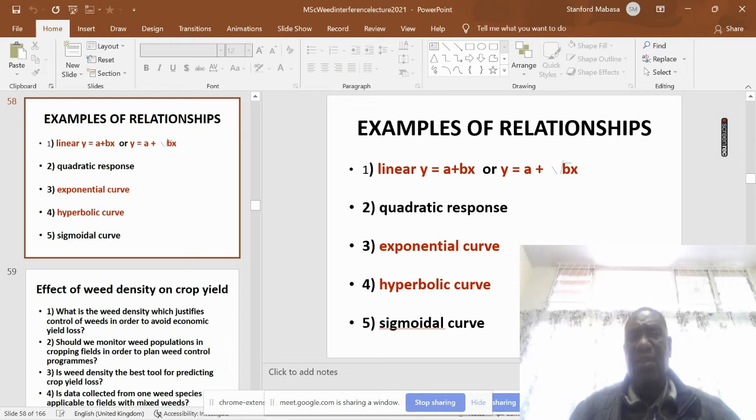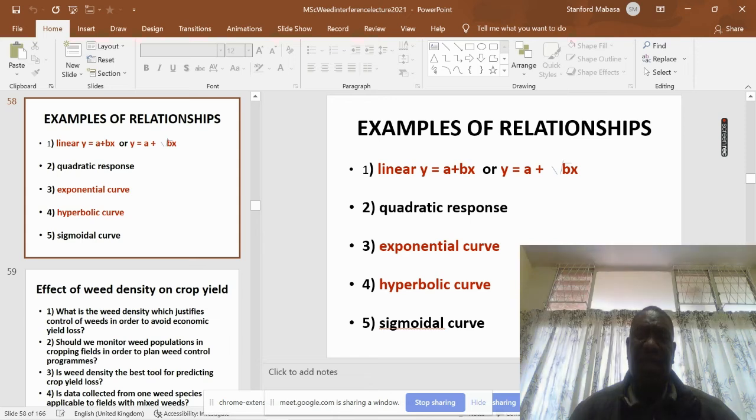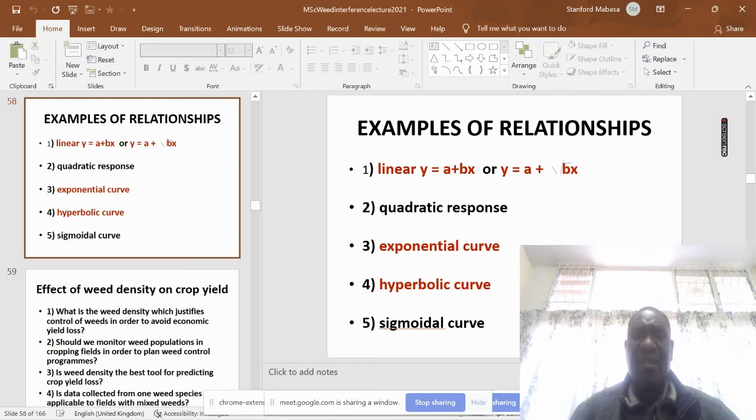Basically, we want to relate weed density to crop yield or crop biomass. And these are some of the relationships which are usually reported in this kind of a study.